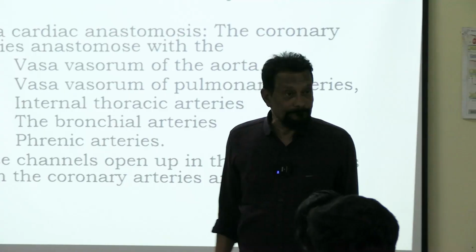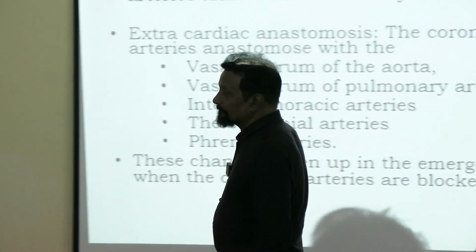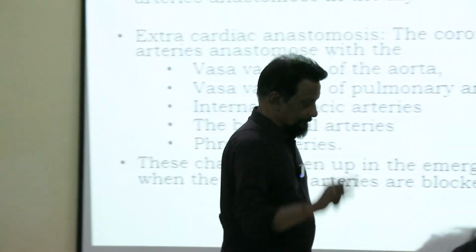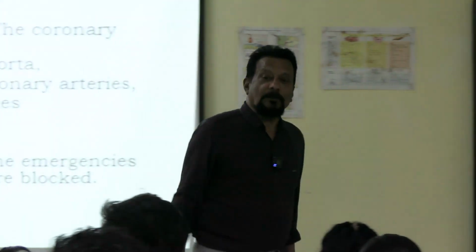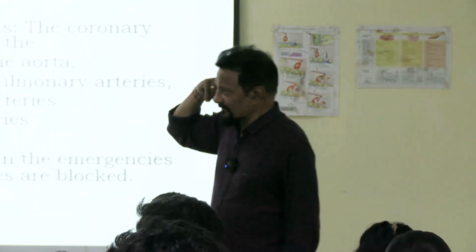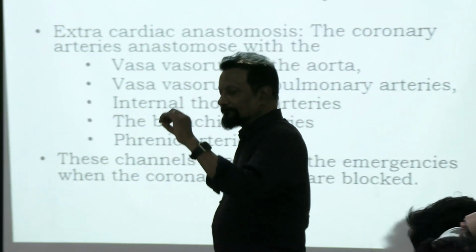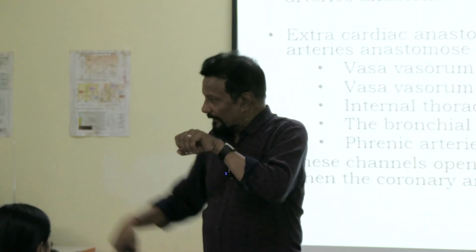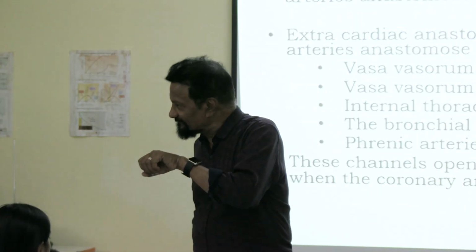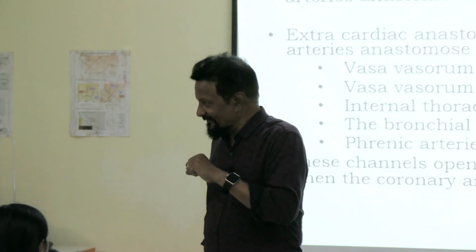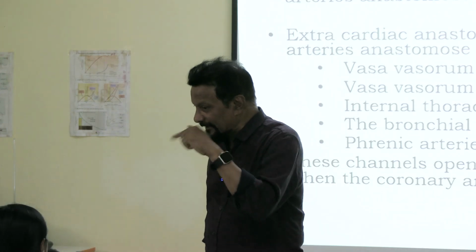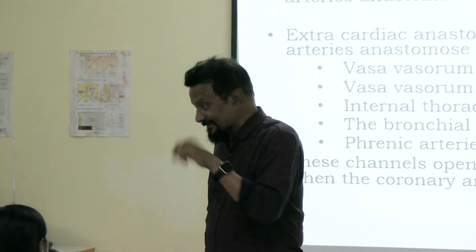What is vasa vasorum? The arteries or blood vessels, arteries or veins, blood is going through the lumen, but they are not using this blood for their own nutrition. So like the heart, they must also have some blood supply. They also have muscles.